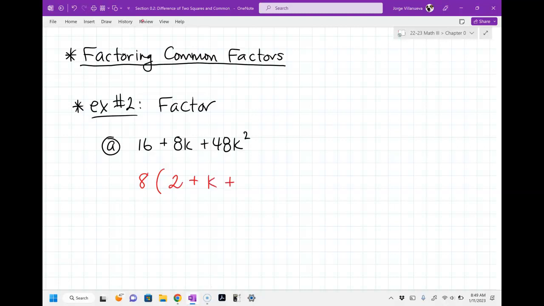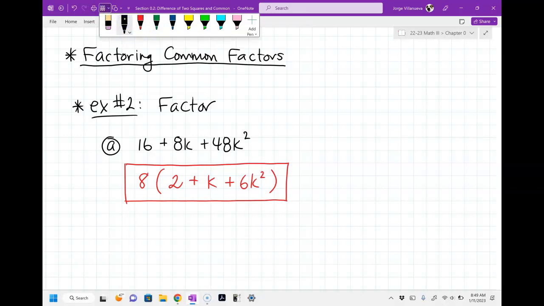And then 48 divided by 8 is 6k squared. And there's your common factor. Okay? So we just factored out an 8 and wrote out our solution. And this is pretty straightforward. This isn't supposed to be like a really tough problem.